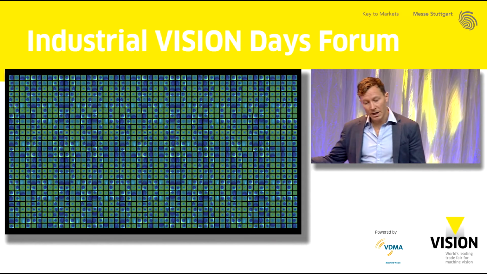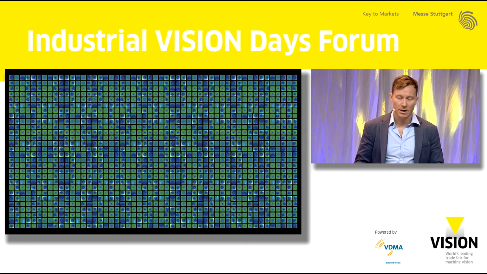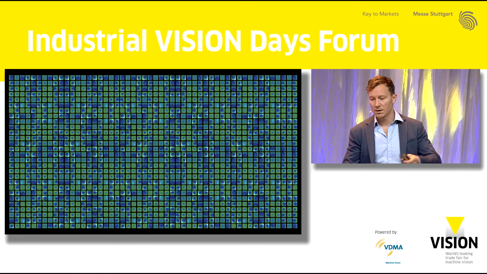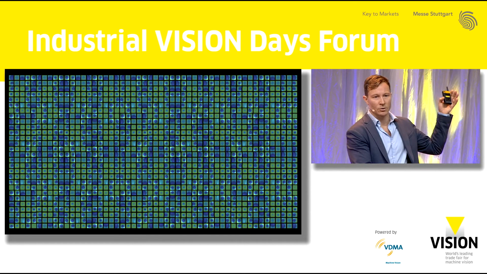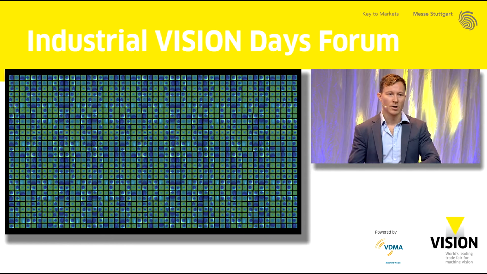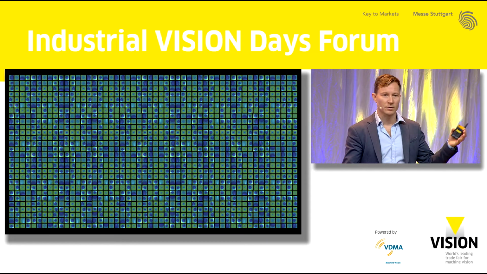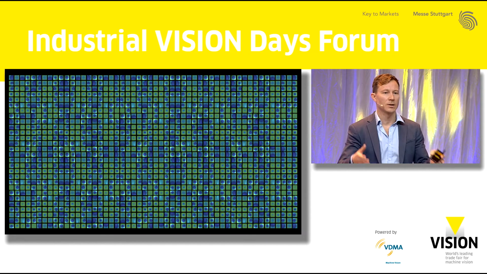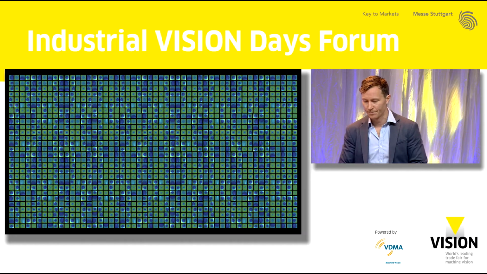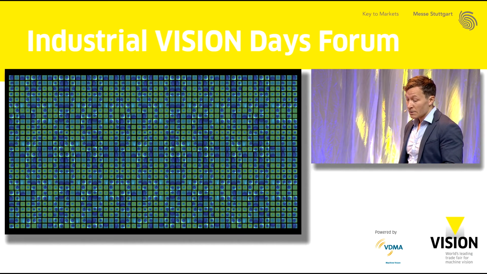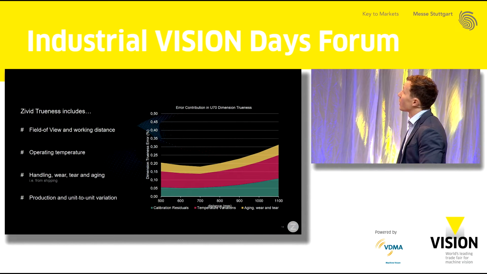And then we bake all of that into a massive data set, and we try to figure out what the dependency is to temperature, what the dependency is to shock, vibration, moving it on the robot, and what about different spaces that you're looking at, regional, global, whatever. And then we create a data sheet.